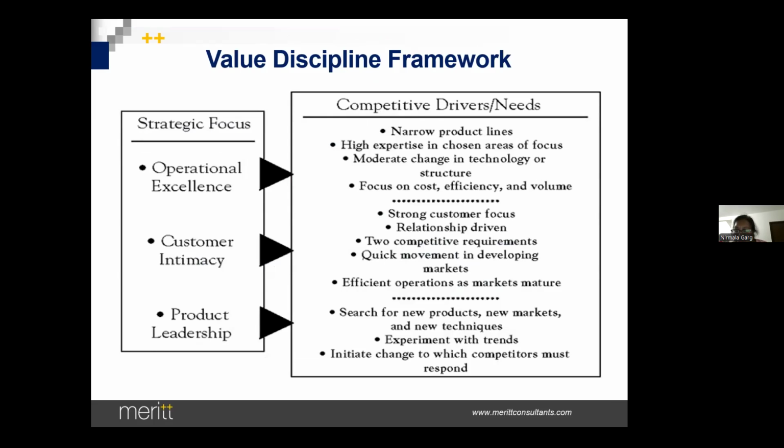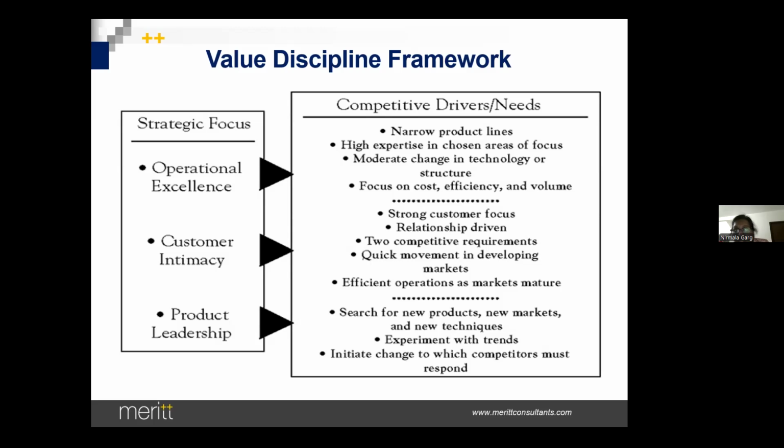Every organization, and you can reflect on your own organization, typically falls into one or two of these strategic focuses, also called value discipline. Whether it is Arti's organization or Hariom's or Chanel's, every organization falls into one or two of them.